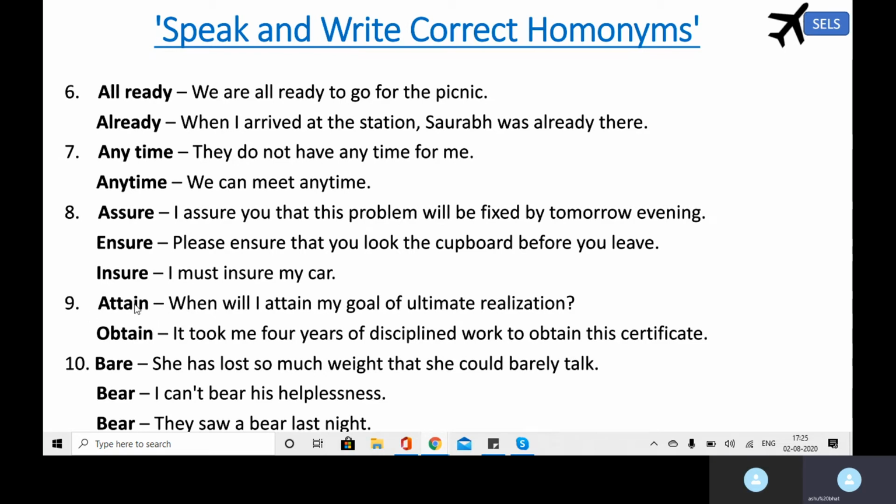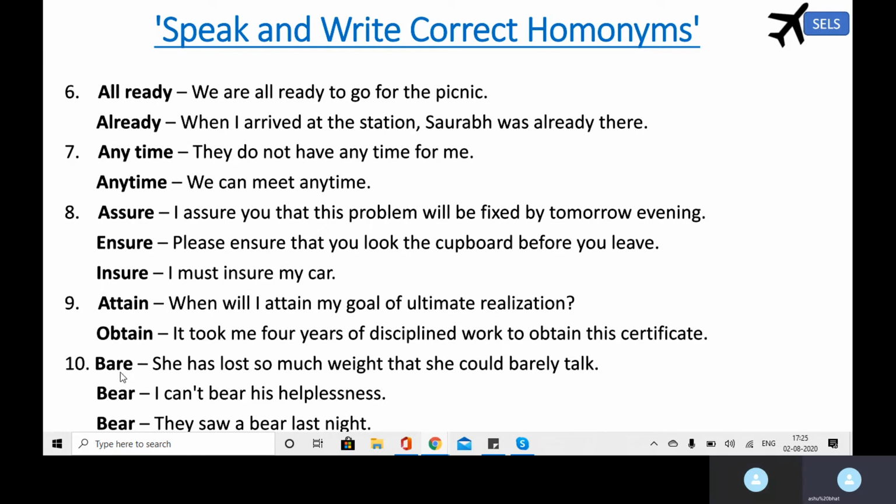Here it is more subjective. Obtain is more objective. Here you get realization or freedom. Those are subjective attainments. But when you are getting something which is very objective, like a certificate, a license, an award, a reward, then you can use obtain. So I've given a sentence here, you can read through it.